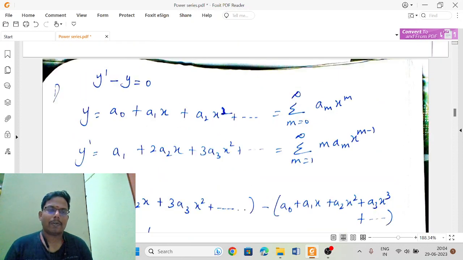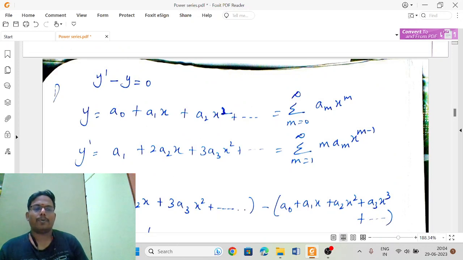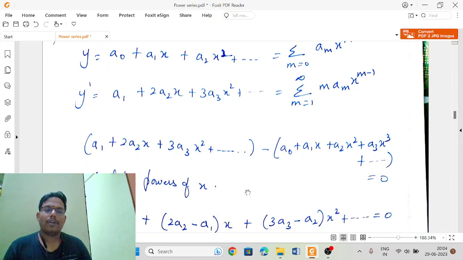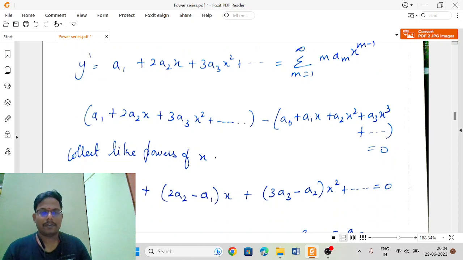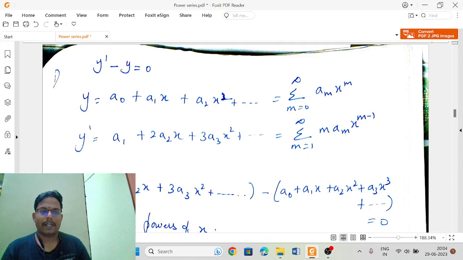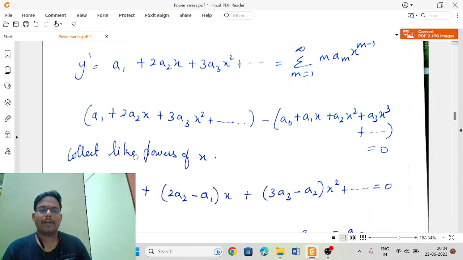Now we have y prime minus y equal to 0. Y prime, you already know, is this one, and y is this one. Now we are collecting the same powers and taking the common coefficient.